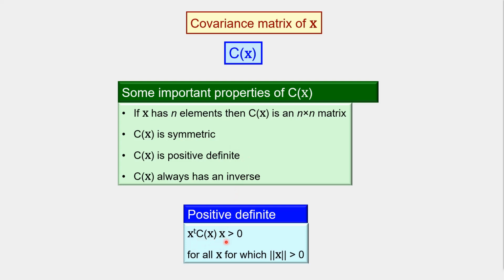Whatever values are taken by the elements of the random vector x, then x^T Cx x will always be positive. That's a powerful relationship, and it demarcates a positive definite matrix from any other type of matrix. We can't just say any n by n matrix is a covariance matrix. It has to be positive definite or it cannot be a covariance matrix. Finally, if a matrix is positive definite, it can't be singular, it will have an inverse.